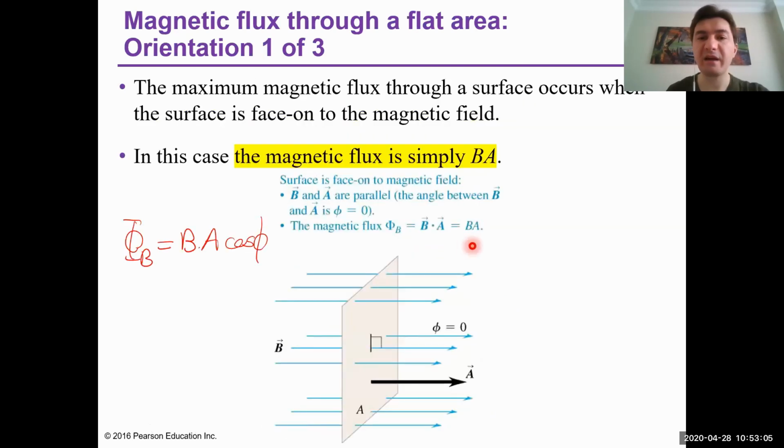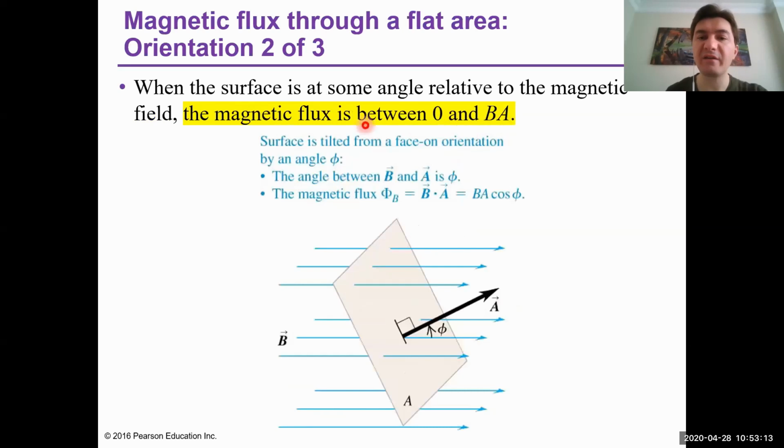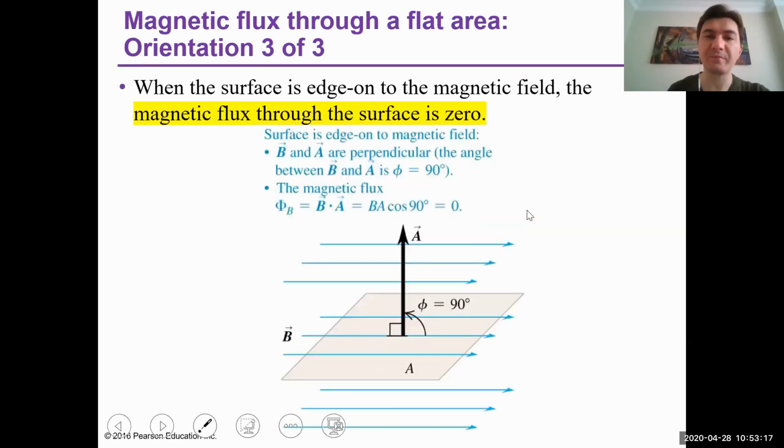So here we have maximum flux, which is given by BA. Here we have minimum flux, you can consider, okay? And here we have in between, which is given by BA times cosine phi. So this is the information on the magnetic flux, which we have seen in chapter 27.